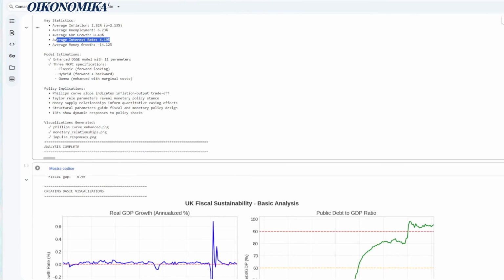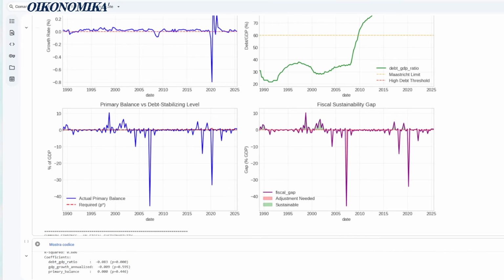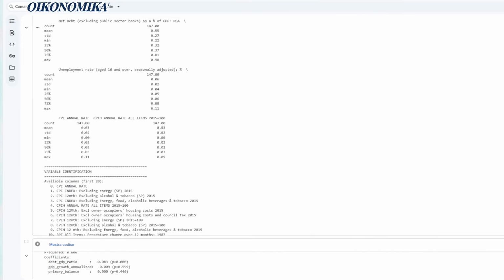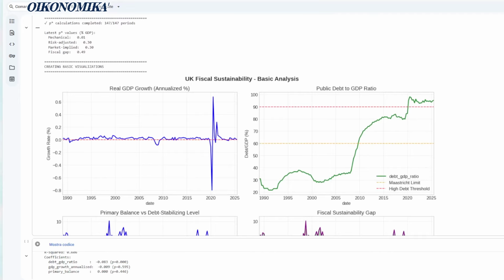So going forward, I have estimated all sorts of things, and we can see here how the debt to GDP ratio has been growing. Okay, and then if we go above the 90% level, which can be defined as a high debt threshold somewhere like that. But if we look at Japan, there is no definition for a high debt threshold.